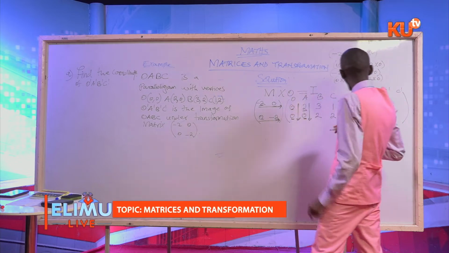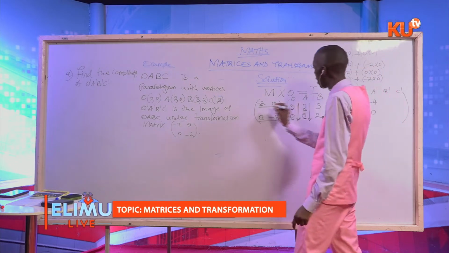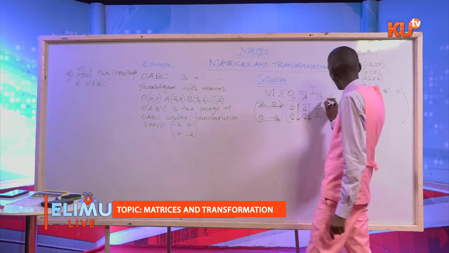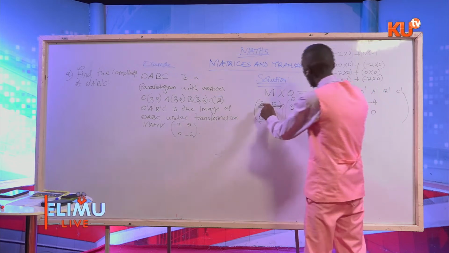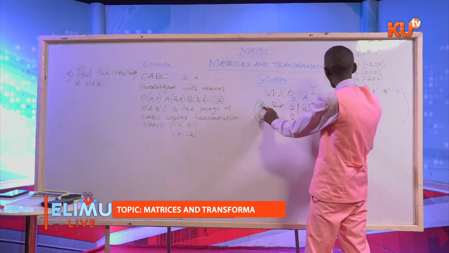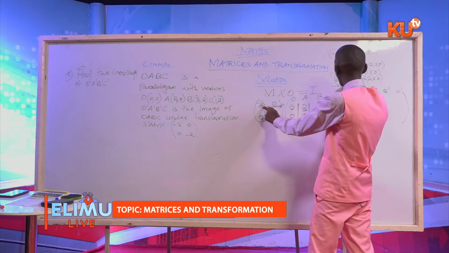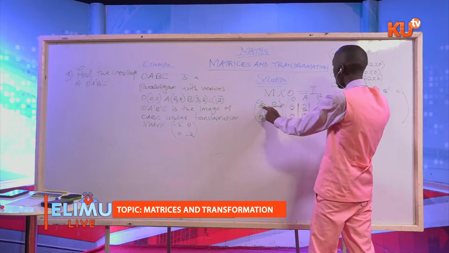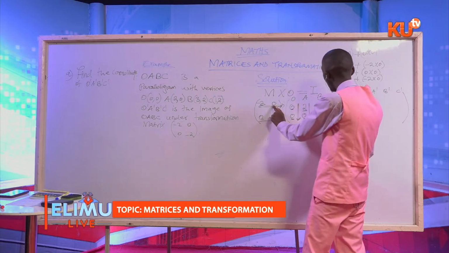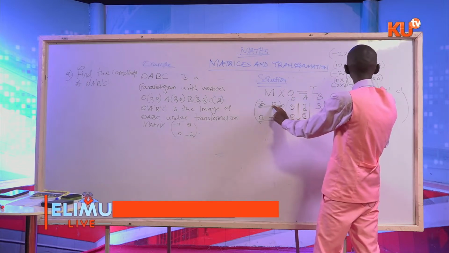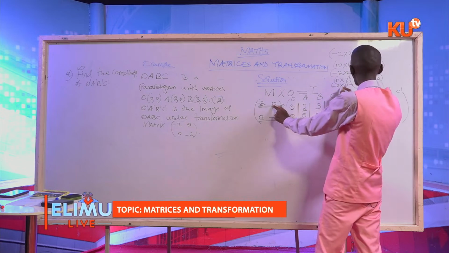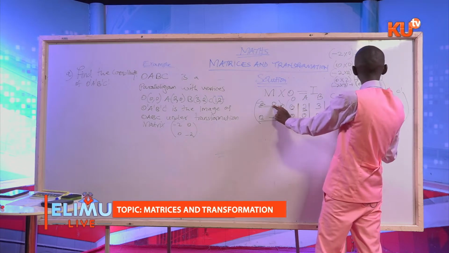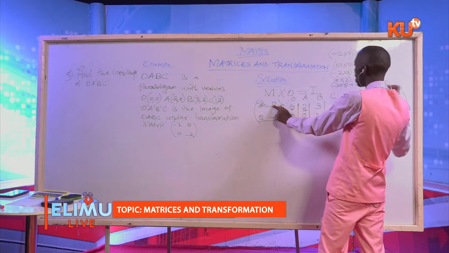We go to the coordinates of B prime. First row, third column. Negative 2 times 3 plus 0 times 2. That will give us negative 6 plus 0, which is negative 6.